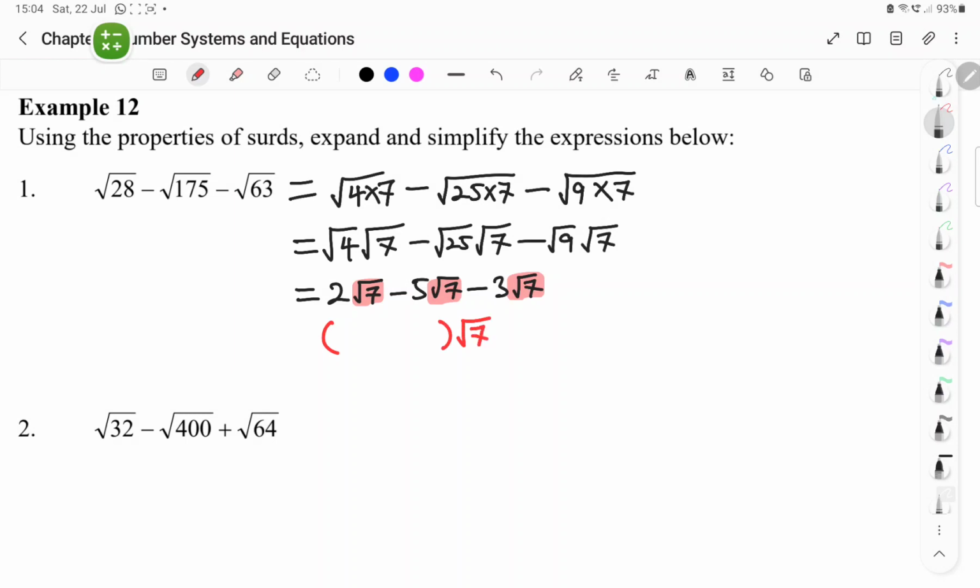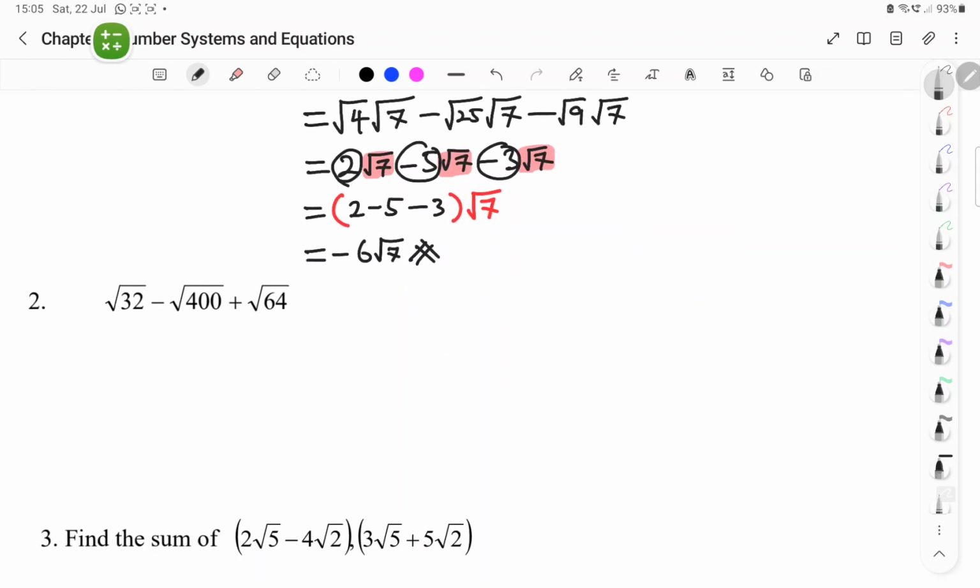Put square root 7 outside and write the remaining coefficients inside the bracket. So 2 minus 5 minus 3, and then further solve it to 2 minus 8, minus 6 lah. Minus 6 square root of 7 as the final answer.